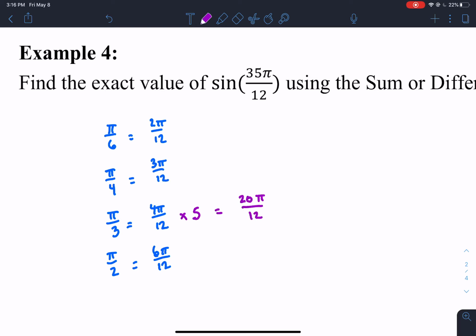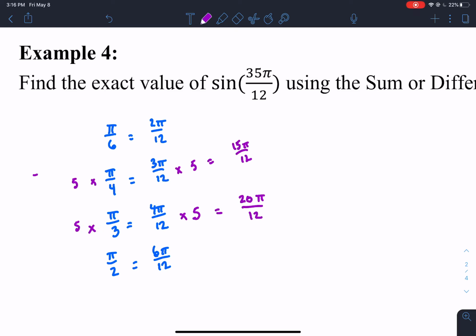Now, how much more would I need to get me to 35 pi over 12? Well, I would need 15 pi over 12, okay? How can I get 15 pi over 12? Well, if I multiply this by 5, that's going to give me 15 pi over 12, right? Now, since I multiplied both of those fractions by 5, I need to multiply these by 5.